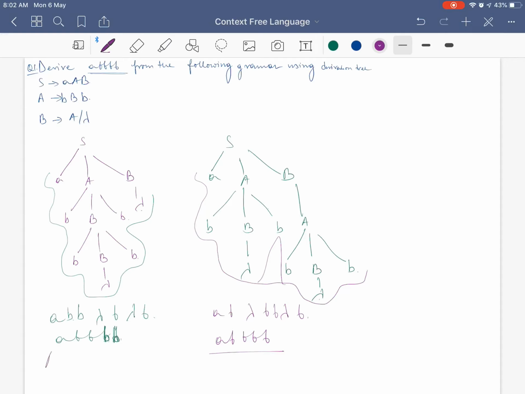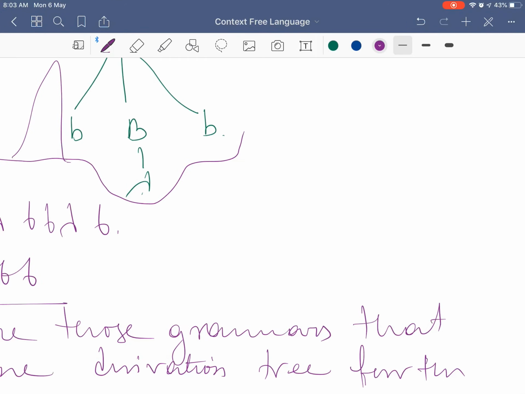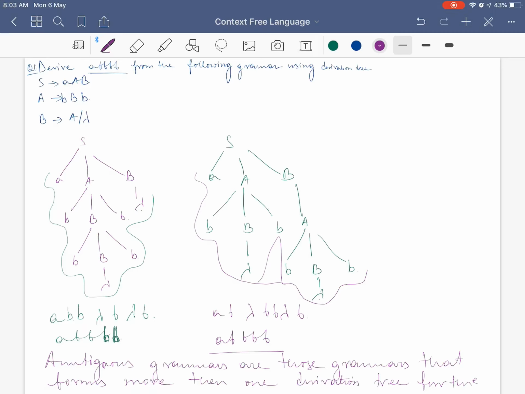Ambiguous grammars are those grammars that form more than one derivation tree for the same string.